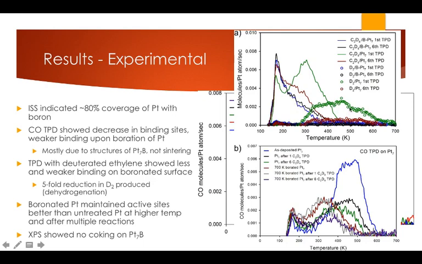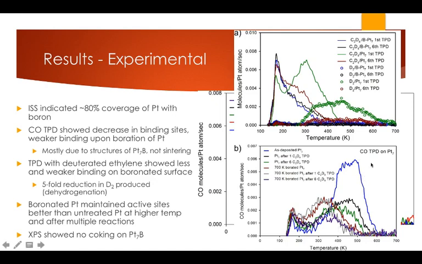And then you also see that in terms of deuterium produced, you have this huge drop from first run to subsequent runs with the untreated, but with the boron treated, there's basically no difference. So it's maintaining that catalysis better, even though it's less active.